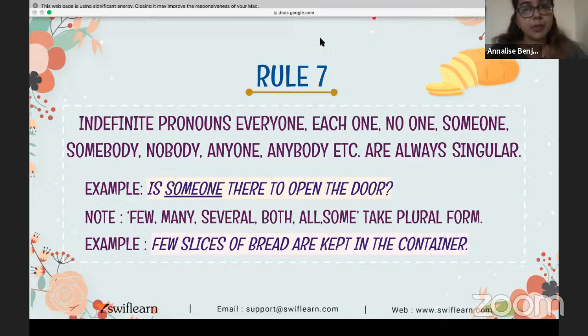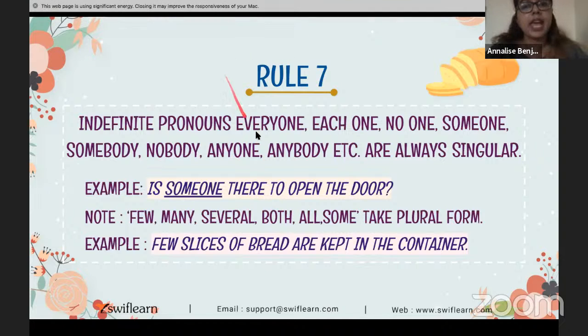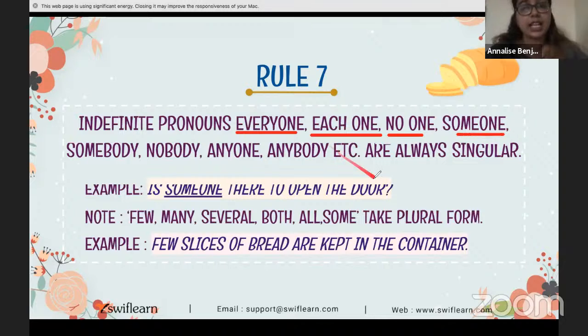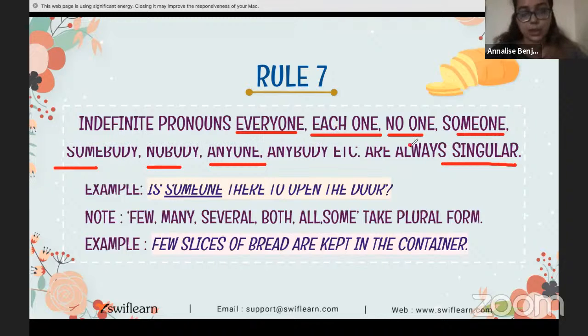Which are the indefinite pronouns we are talking about? Everyone, each one, no one, someone, somebody, nobody, anyone, anybody. If we use any of these indefinite pronouns, then our verb is going to be singular.